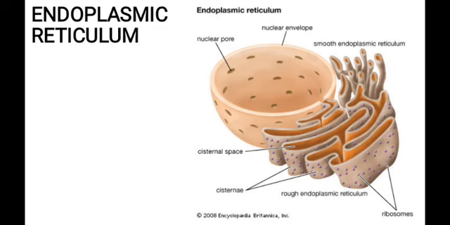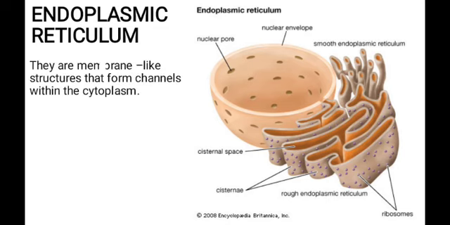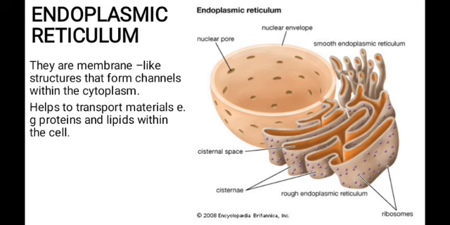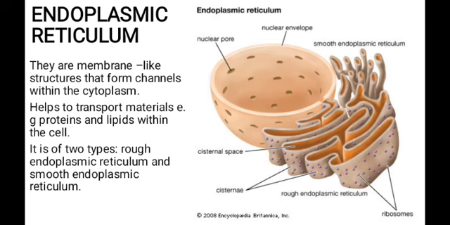Next one is endoplasmic reticulum. The endoplasmic reticulum are membrane-like structures that form channels within the cytoplasm. It helps to transport materials like protein and lipids within the cell, and it is of two types.